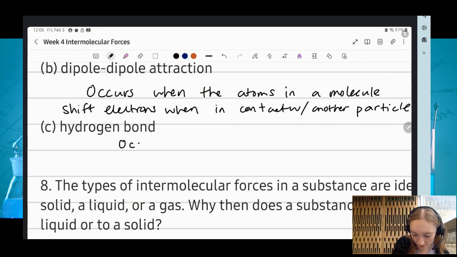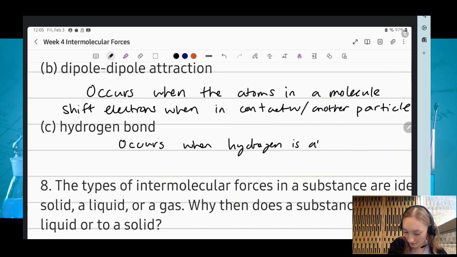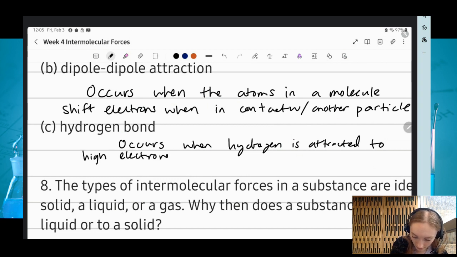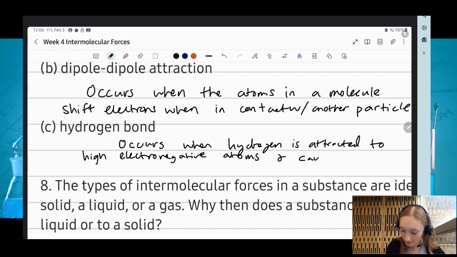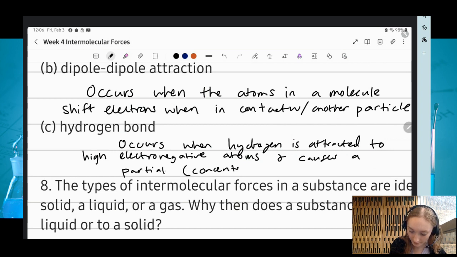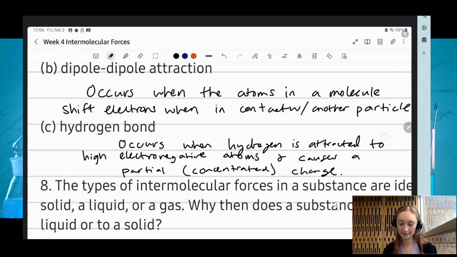So this occurs when hydrogen is attracted to highly electronegative atoms and causes a partial charge. Concentrated, I should add, charge. And so that is what hydrogen bonding is.